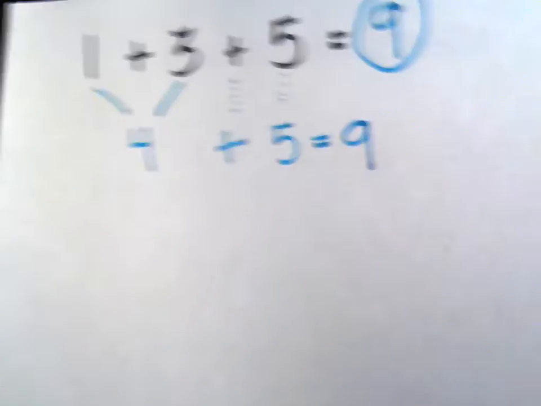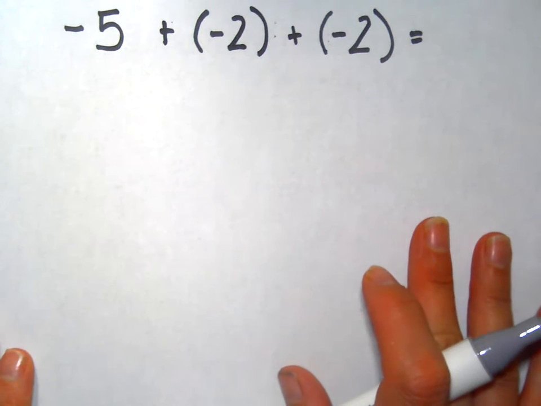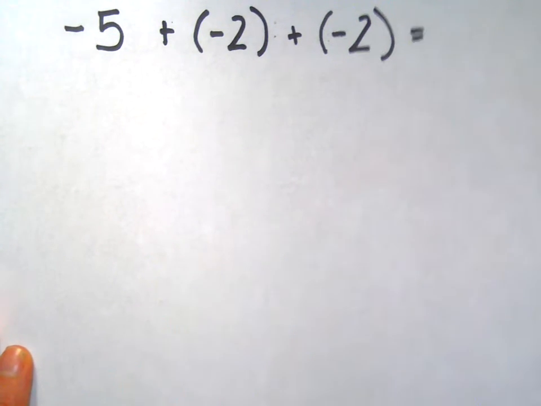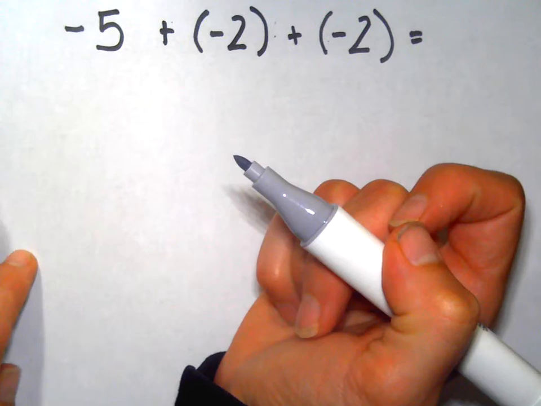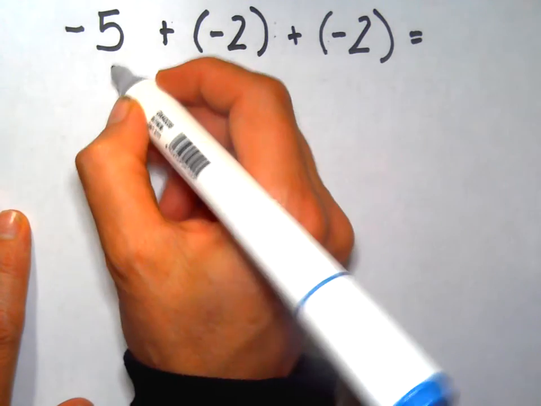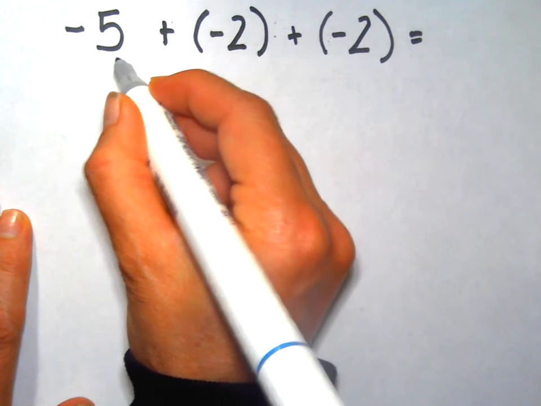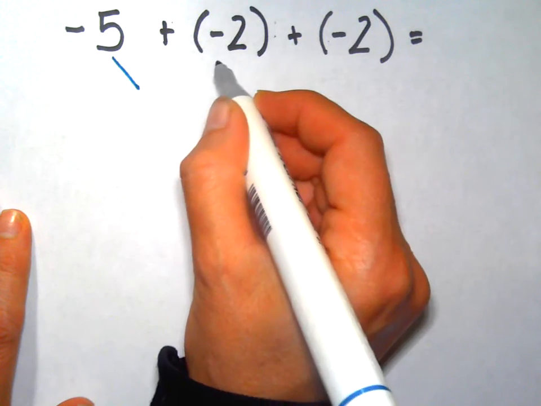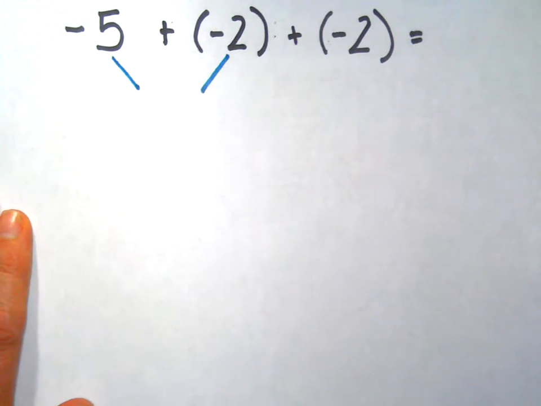Now I'm going to throw in some negatives. In fact, I am going to throw in an equation that has all negative numbers. We're adding them up. So we're going to keep following the same rule. I'm going to be using my algorithm for adding integers. Go like this. I'm only going to deal with the first two first.